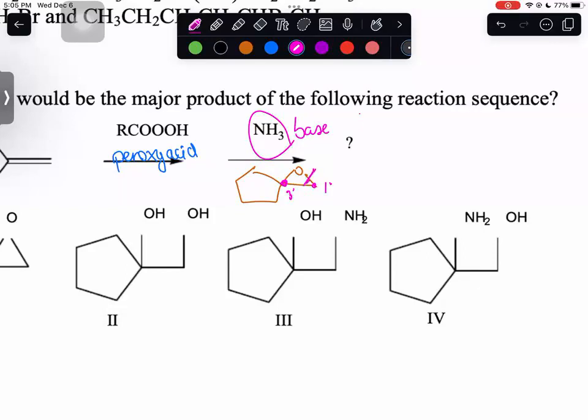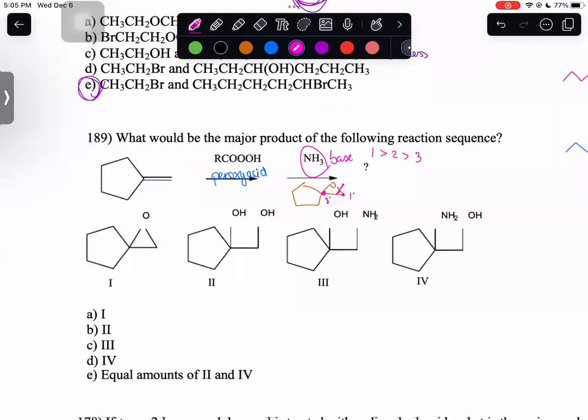So we cleave this one. What's the answer? 3. Great job, Emily.